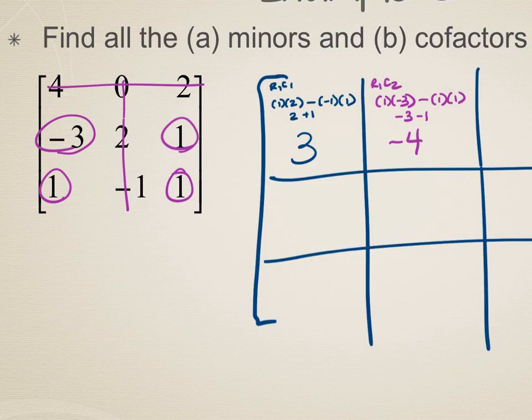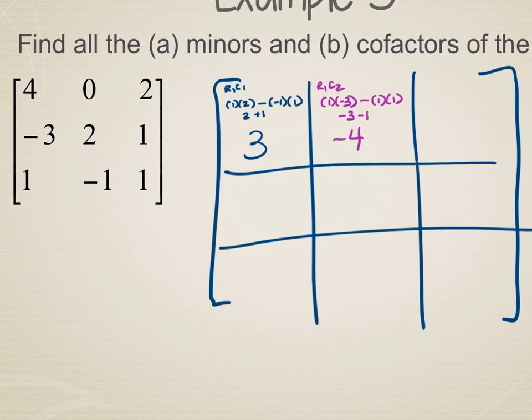Then I go row 1, column 3. So I cross through row 1, column 3, and I'm finding the determinant of what's left, which is -1 times -3 minus 1 times 2, which is 3 minus 2, or 1.